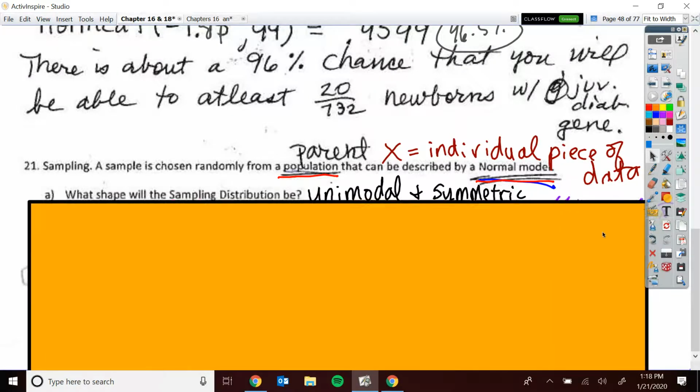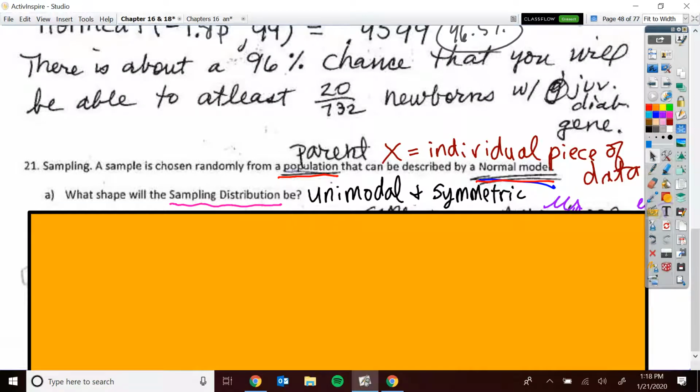So let's go through the question. What shape will the sampling distribution be? When we talk shape, I try to caution even myself. I get caught saying this: I shouldn't describe a shape as normal. A shape is unimodal and symmetric, because the word normal is actually that mathematical function, the normal model.